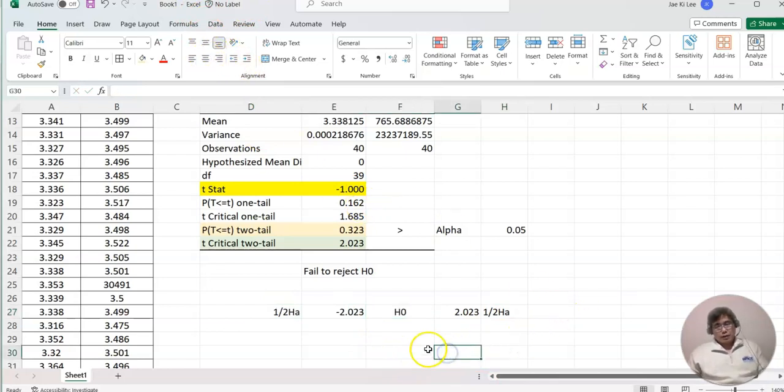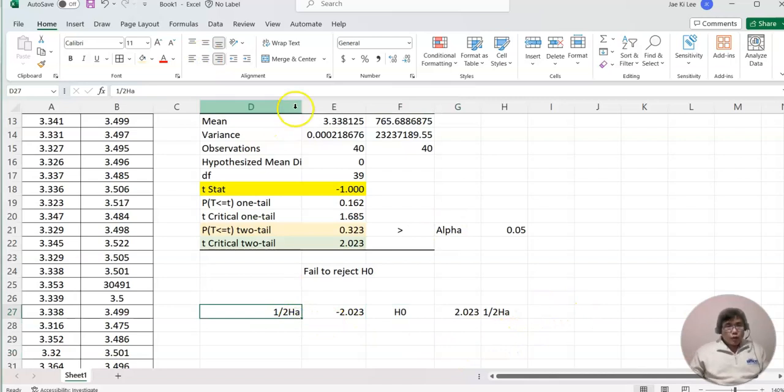Now I just highlight HA in orange and H0 in green. And then let's find out where this t statistic belongs. This value is between negative 2.023 and 2.023 here, right?